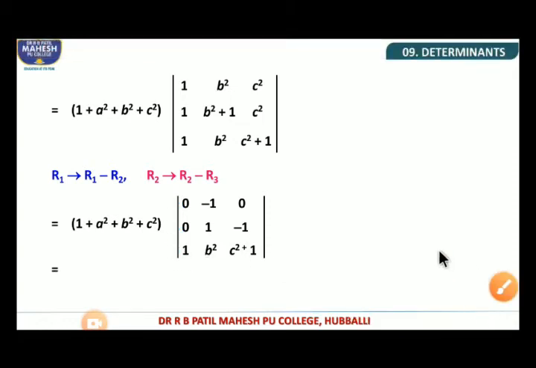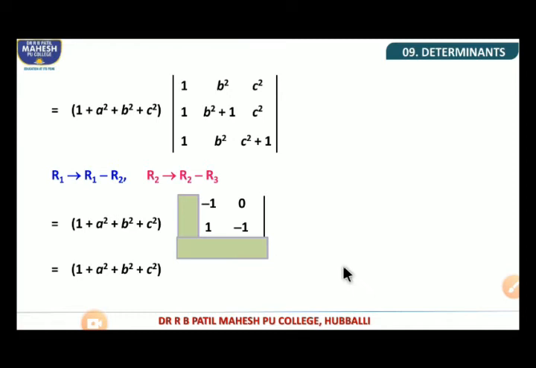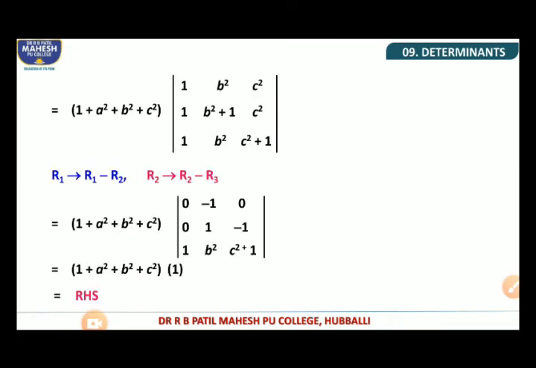To expand this one, we have 1 plus a square plus b square plus c square whole into 1 into the remaining determinant, which is minus 1 into minus 1 is 1, minus 1 into 0 is 0, so 1. So we have to multiply this whole term. Again we have 1 plus a square plus b square plus c square. Therefore we have the RHS part here, and it is proved.